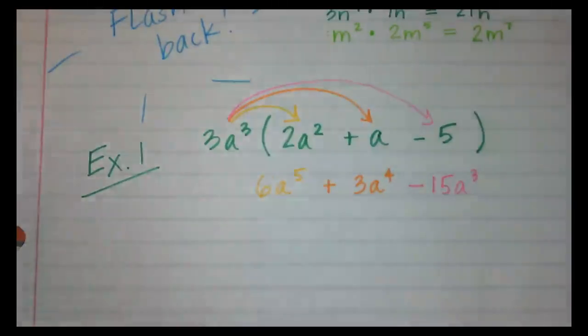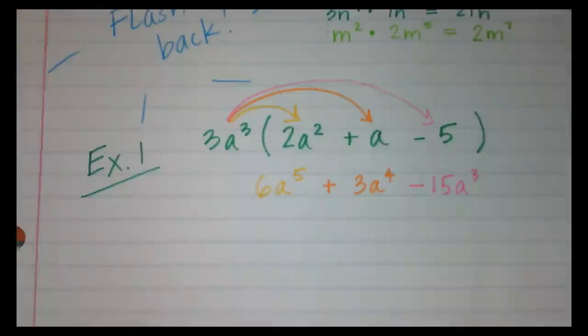At this point I need to pause and determine if I have like terms that I would be able to combine together. Remember, when we add and subtract polynomials, we need to have like terms, meaning an identical variable and exponent.